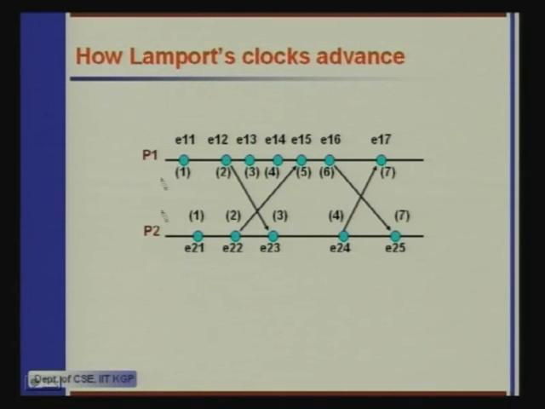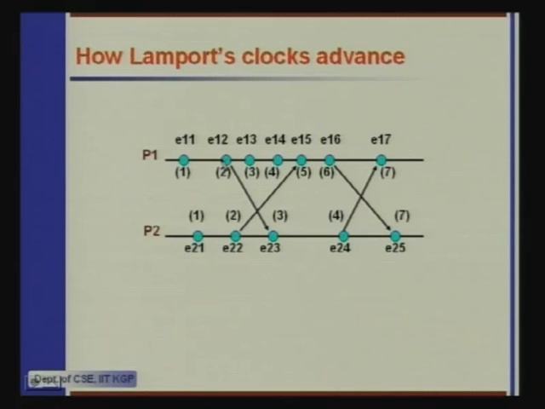Okay. So, initially C1 is 1, it stamps E11 with 1. Similarly, P2 stamps E21 with C2 equal to 1, right. And whenever an event occurs, the clock value increments. So, the next event is stamped by 2 here, the next event here is also stamped by 2.